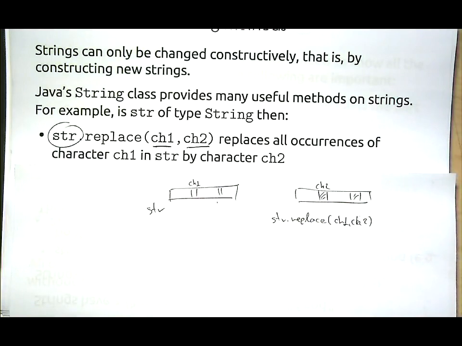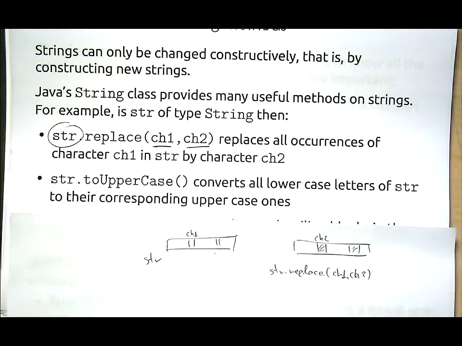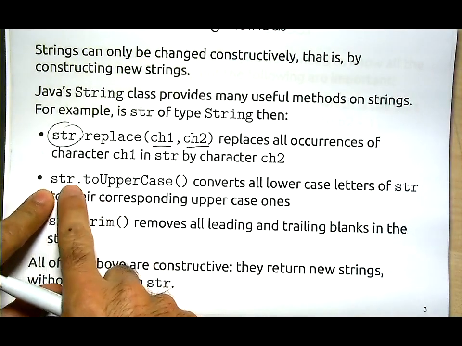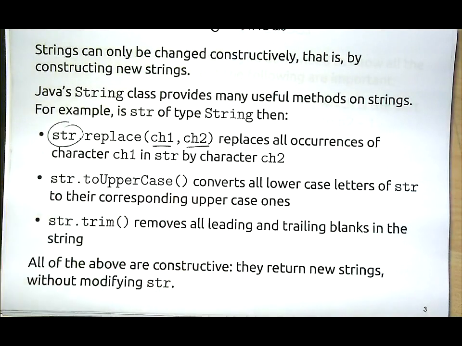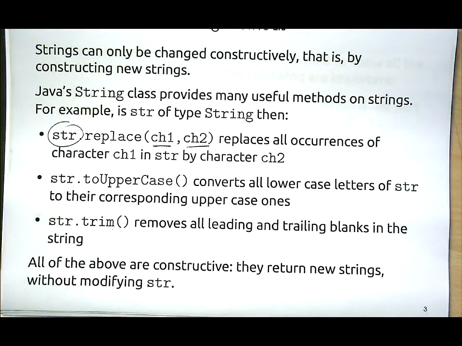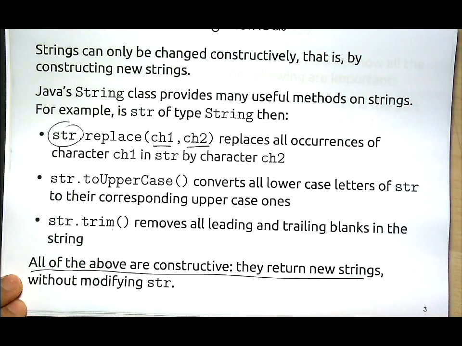This is what we have talked about as being constructive change. Other methods for constructive change: you can call a method to replace all lowercase characters with the corresponding uppercase, and so on. There's also the trim method, which removes, for instance, leading and trailing blanks. As we said, it's very important to note that all of the above are constructive. Okay?